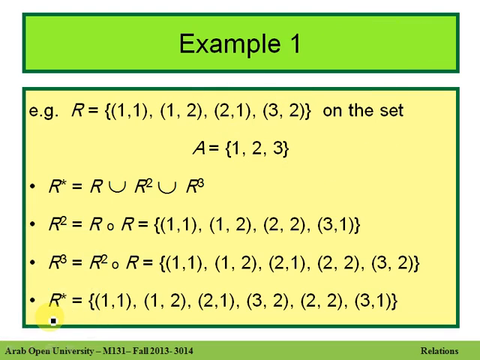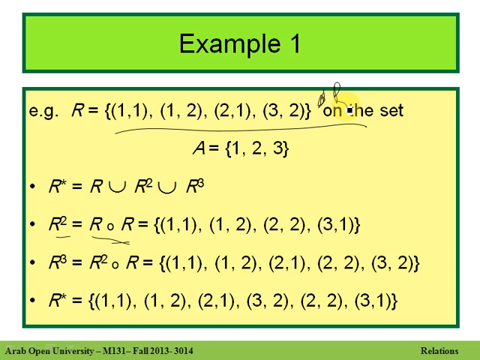Compose reflexive. Now here, R composed of R will give us R square. So R we are going to compose again with the same relation R. So if you do compose, we are going to talk about the reflexive. So definitely if there is a 1 comma 1, 1 comma 1 will come as it is.